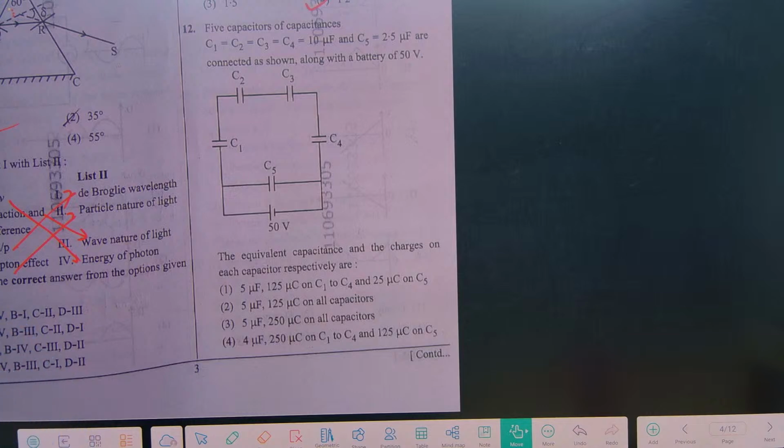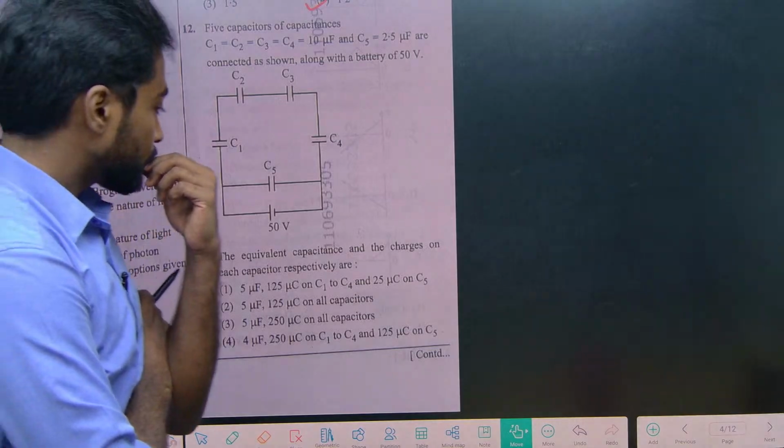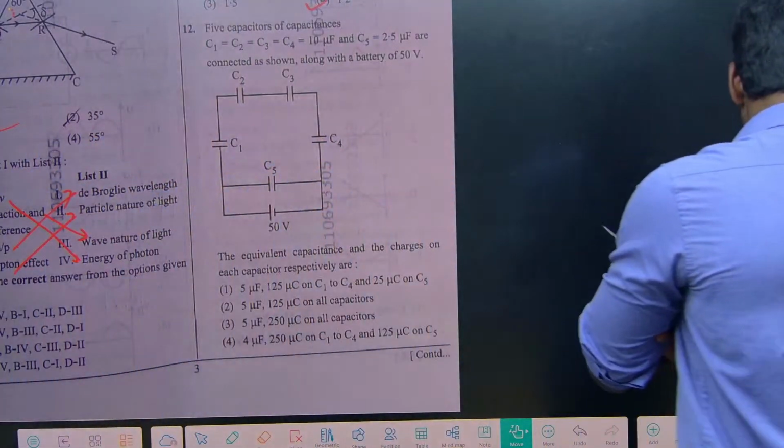Options: 5 microfarad, 125 microcoulomb on C1 to C4 and 25 microcoulomb on C5; 5 microfarad, 125 microcoulomb on all capacitors; 5 microfarad, 250 microcoulomb on all capacitors; 4 microfarad, 250 microcoulomb on C1 to C4 and 125 microcoulomb on C5. I need to check this one, right?